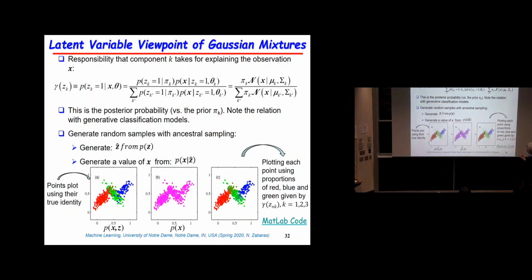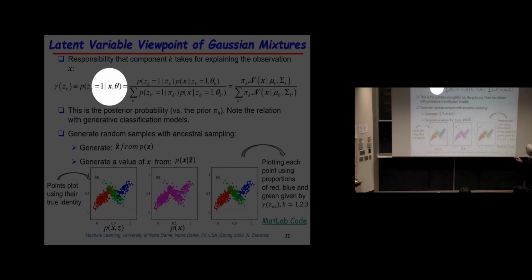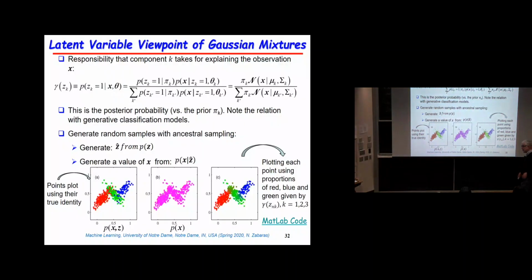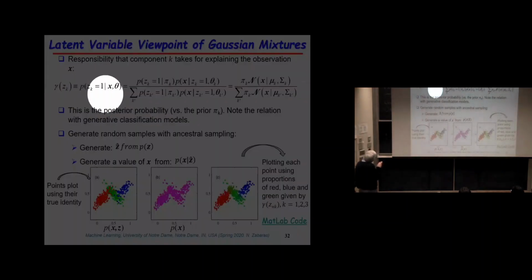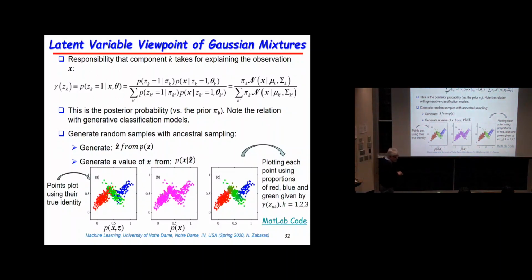So this distribution that you see here, that I somehow inverted with Bayes' rule, is called the responsibility, and the word responsibility is used by Bishop to describe the physical meaning of what this is about, right? It says, my Gaussian k, how much responsibility does it take to explain the data point x?